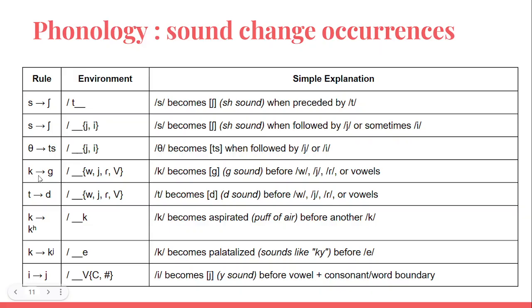Everybody who has studied a variety of languages knows that k is the hardened version of g, or that s and sh can sometimes be the same thing, or the t and the d, or the k and the aspirated k, or the e and the y, like Arabic does with the y sound in different positions depending on the length of the vowel. I don't think I've seen a th before, but it does make sense. So that's what I found very cool, that these are still the same sound change occurrences that happen with a lot of languages around the world.